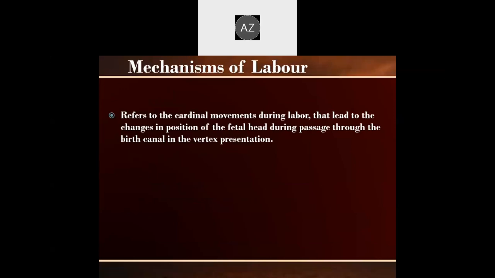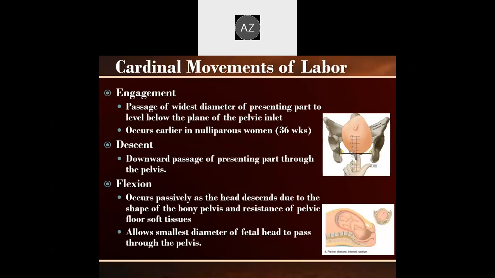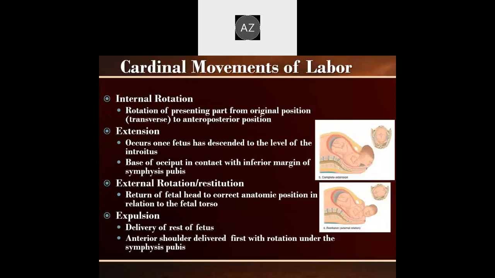Now, the mechanisms of labor are the cardinal movements during labor, and they lead to changes in position of the fetal head during the passage of the passenger through the passage. This one we can't forget. So we have the engagement, descent, flexion, internal rotation, extension, external rotation, and expulsion.